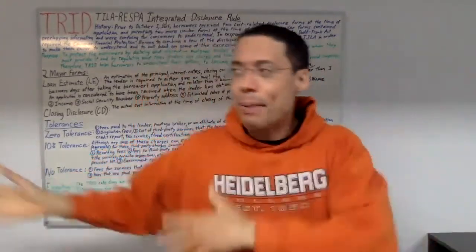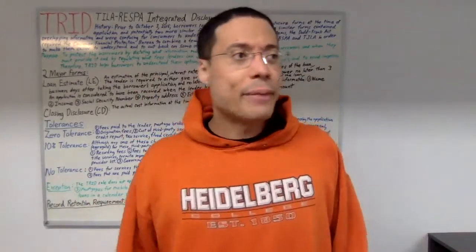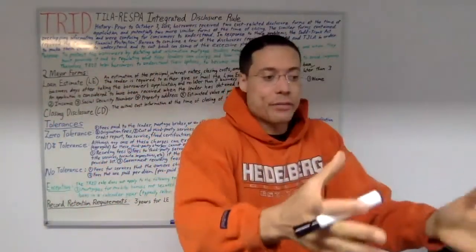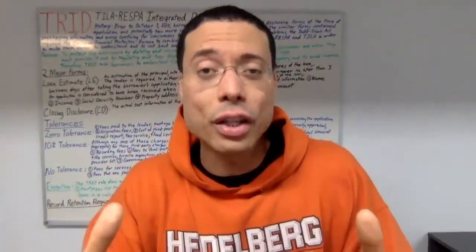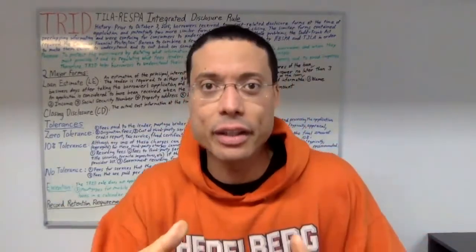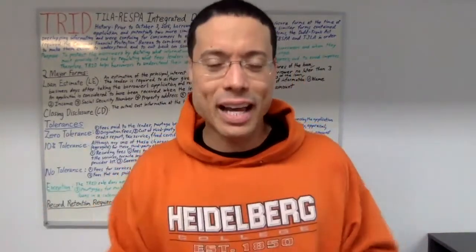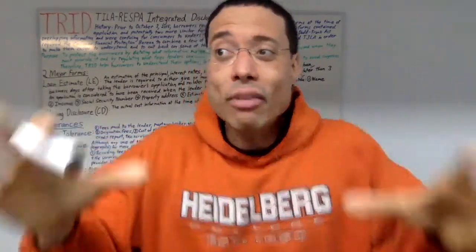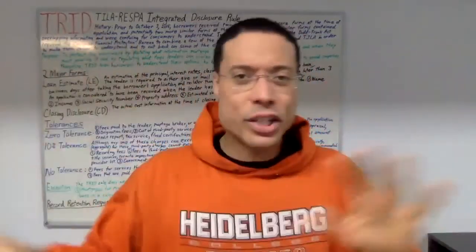You see, in the past, lenders were doing a lot of tricky stuff where initially they would offer a certain set of terms, and then when it came time to actually close the loan, they changed the terms up, right? It was like a bait and switch type of thing that some of these lenders were doing. And so the government stepped in and said, hey, look, you can't be doing all this tricky stuff.